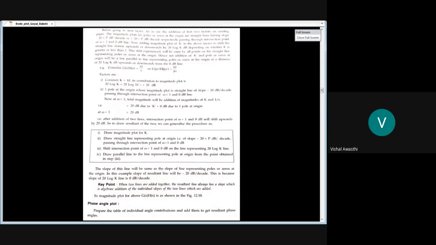So on your screen, when you are having a simple pole or simple zero, you have a particular frequency which we are calling corner frequency, and that corner frequency is dividing your frequency zone into two sections. One is your low frequency zone and the other one is the high frequency zone.